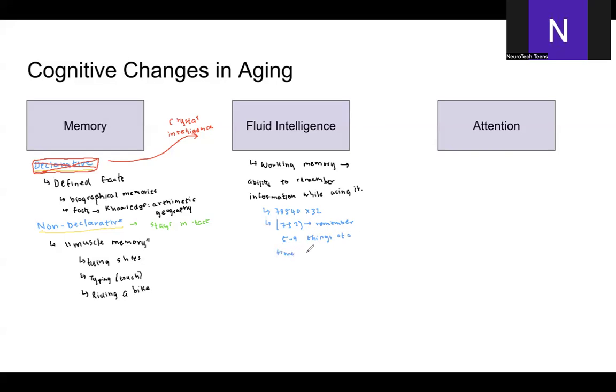Okay. So that's your fluid intelligence. But the thing is, as you tend to age, your working memory ability, or your ability to remember things for a longer period of time, tends to decline with age.